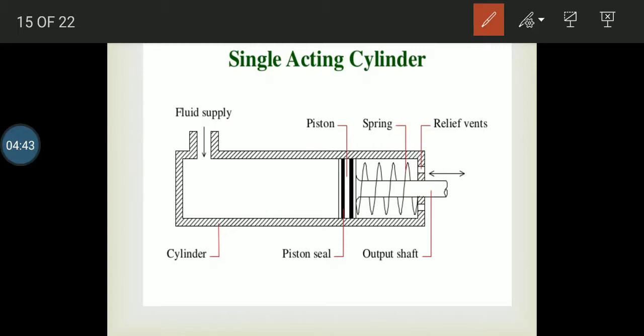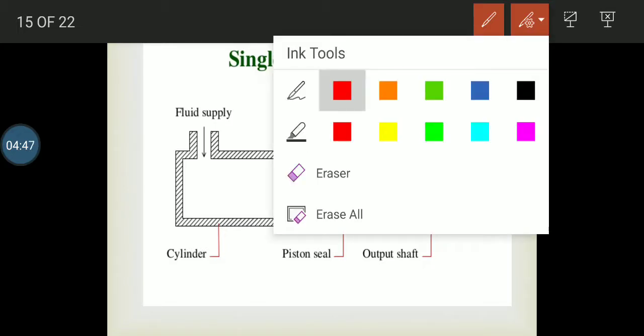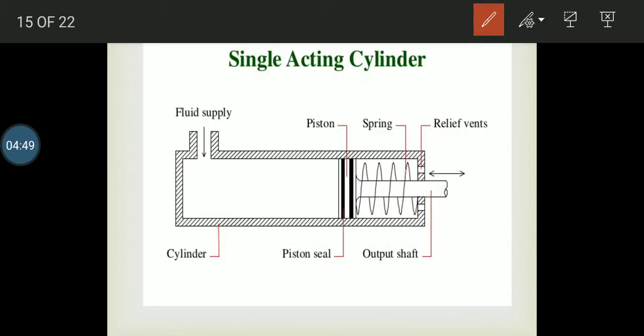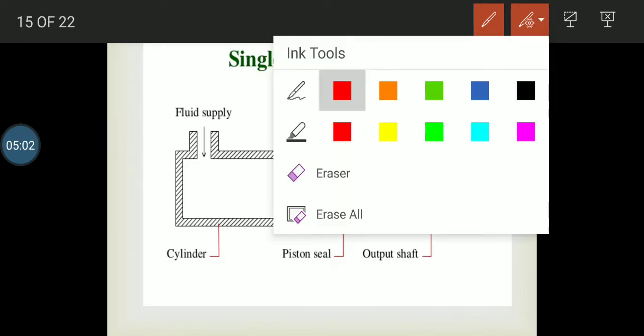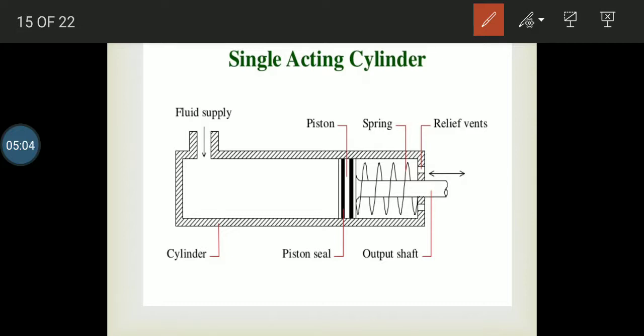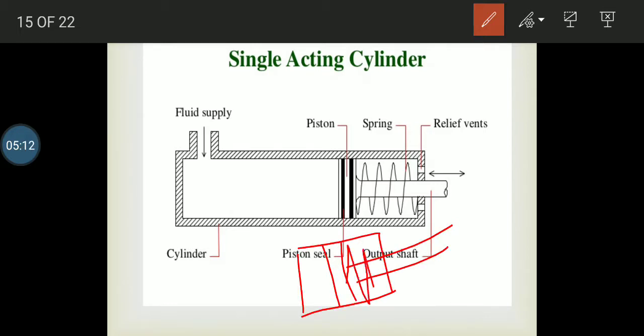Okay, over here the single acting cylinder acts because of the compression and retraction of the spring. The symbol of the single acting cylinder is like this. When we are dealing with hydraulic circuits or pneumatic circuits, we draw the single acting cylinder as a normal rectangular block having a piston in it and the spring on the back.